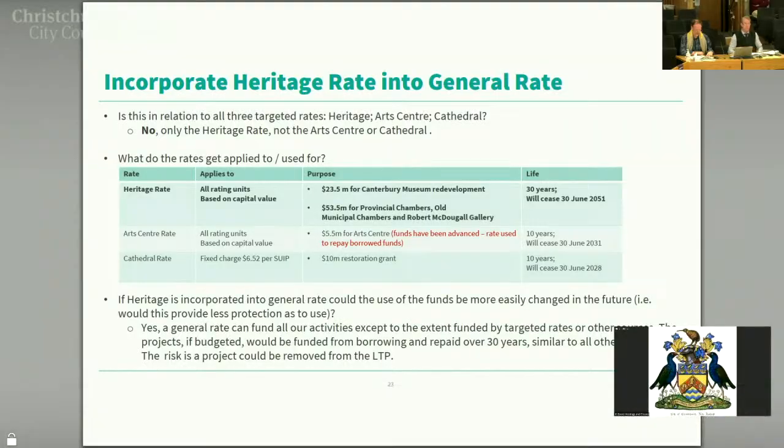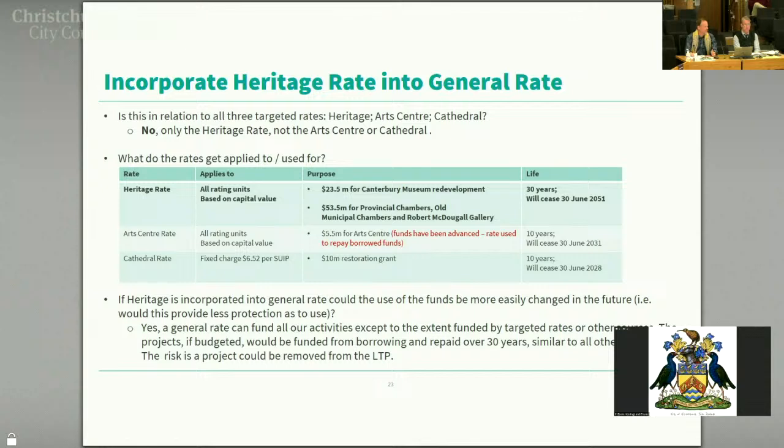There were 3 questions here. The first one was, what exactly does it relate to in this proposal? Because there are, slightly confusingly, 3 types of heritage tax charged, as you can see there. Two of them are reasonably straightforward. The Arts Centre and the Cathedral relate to money that's already been advanced, and it's intended to fund that money over a period of time, so limited there per the slide.